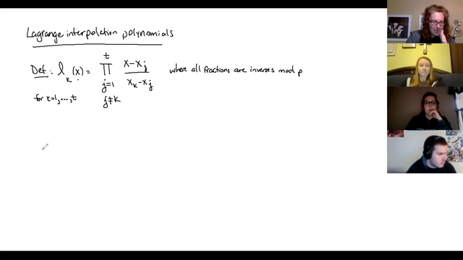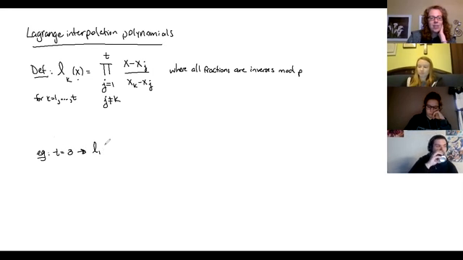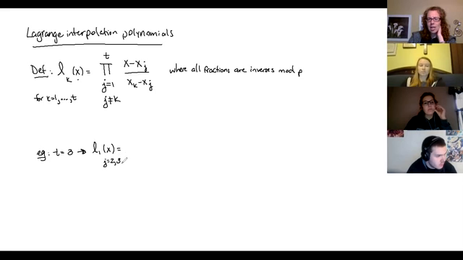So if we have, for example, let's say that t is equal to 3, I can create each of these. Lagrange interpolation polynomial sub 1 is going to be j needs to equal 2 and 3 in this case. Do we see why? If t is equal to 3, then I'm going to need to have j equals 2 and j equals 3.